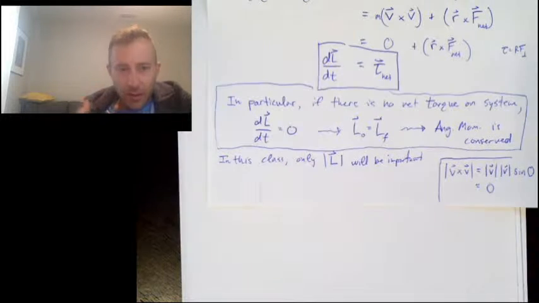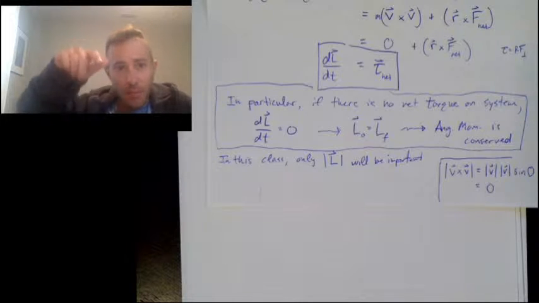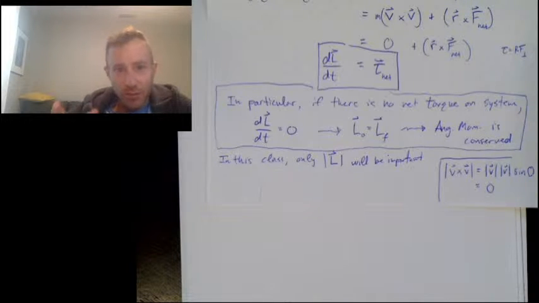If you deal with angular momentum conservation as a vector, you can start to analyze things like tops. If you've ever seen a top, it's spinning and it precesses. The vector nature of angular momentum can explain that sort of behavior, but to understand that, you really need to be confident in your vector abilities, and I guess College Board doesn't expect you to know that much about vectors at this point.